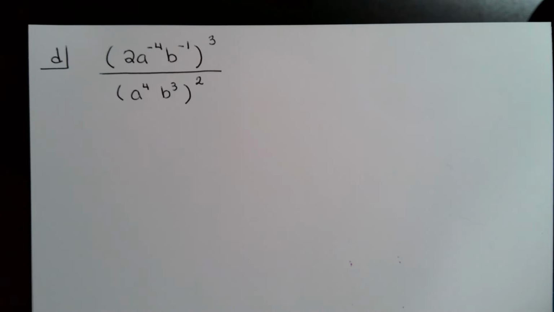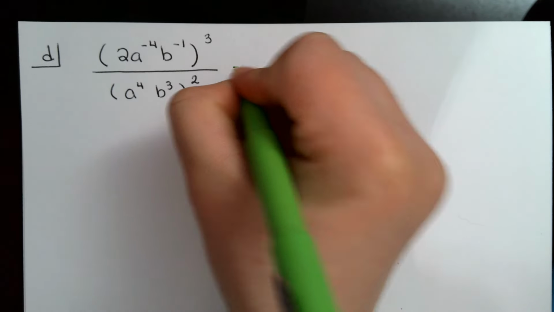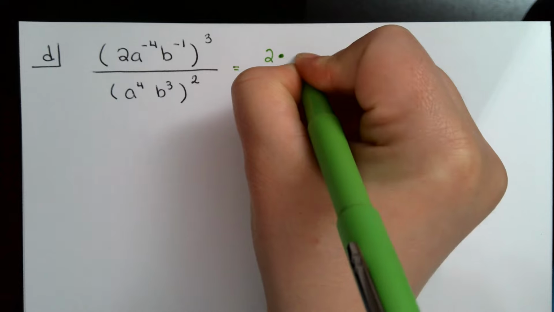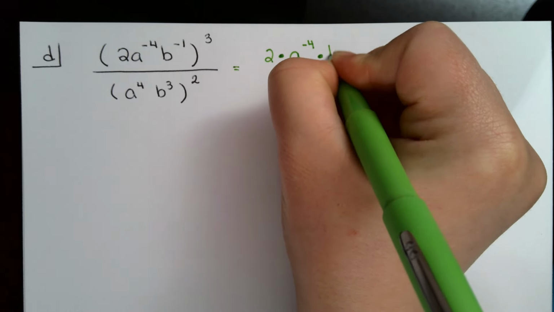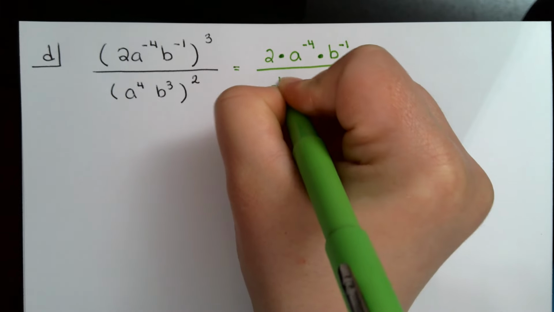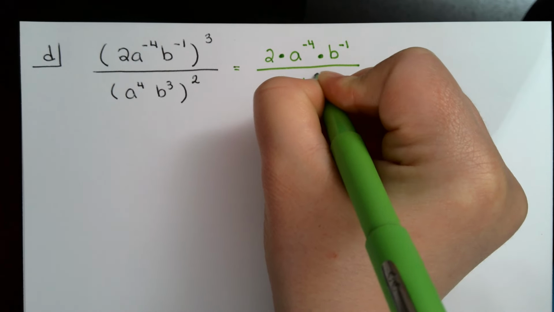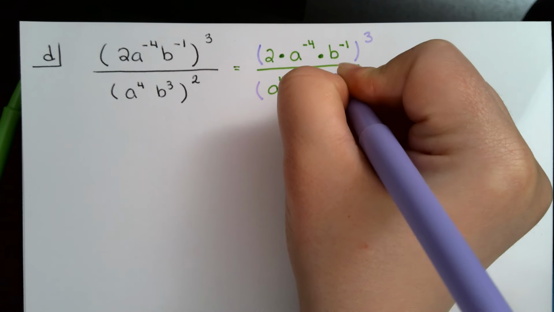Same as before on the other one, step number 1 is going to be splitting everything up. So any factor that we see gets a multiplication symbol. Right now, we're still keeping things in parentheses.